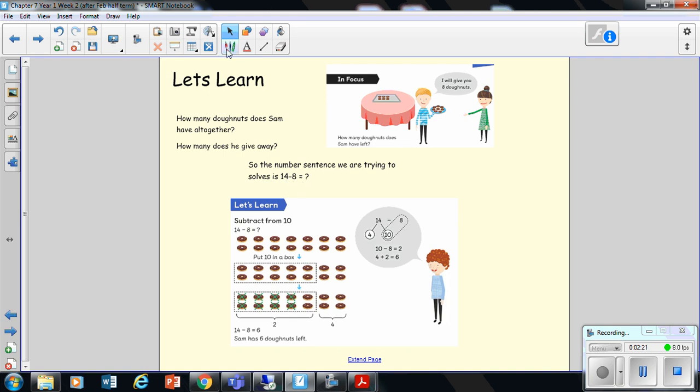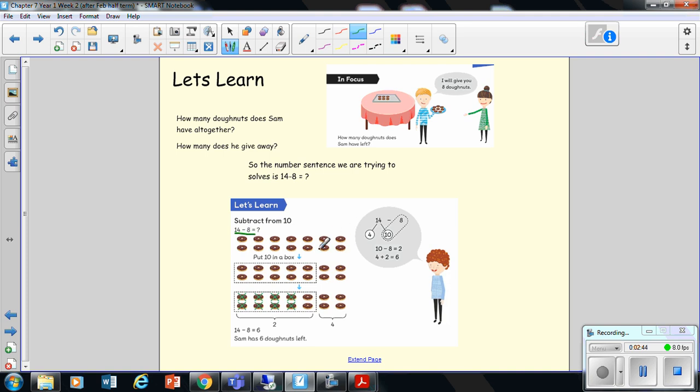Okay, I'm going to get my pen to just annotate on my slide. So we've got our learning objective, which is to subtract from 10, and our sentence here is 14 take away 8. Okay, so I've got all of my 14 donuts laid out here.